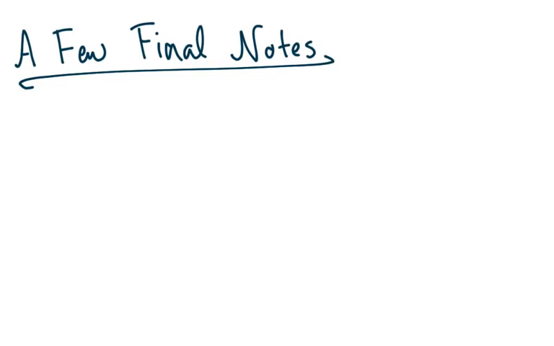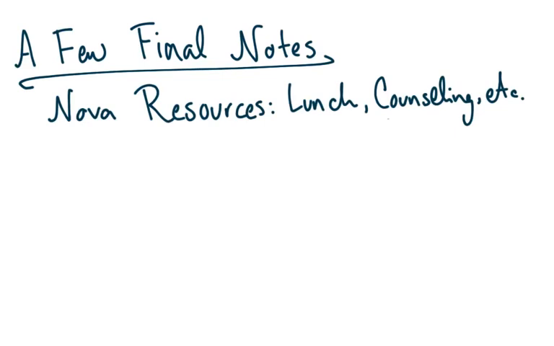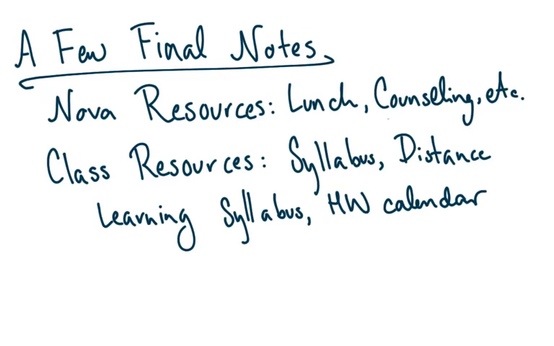That's going to be both Nova resources for things like lunch programs and mental health, and things specific to this class, such as the old syllabus, an updated syllabus based on the distance learning plan, and a topic and homework calendar that will be edited as we go on. So please let me know if you have questions or if you are interested in a resource that maybe you don't see there. You can leave comments on this video and I will get to them as soon as I see them.